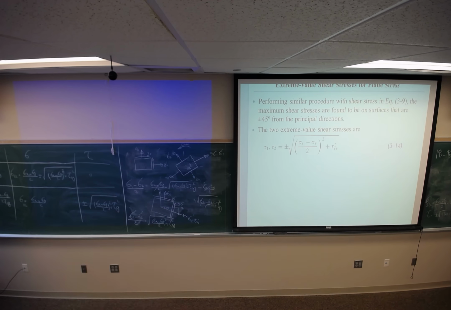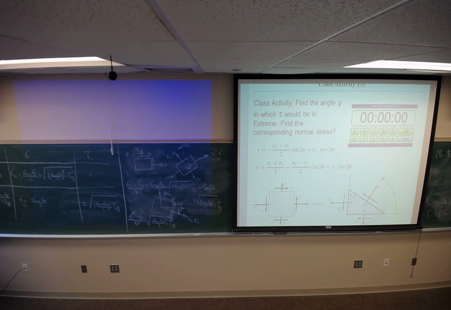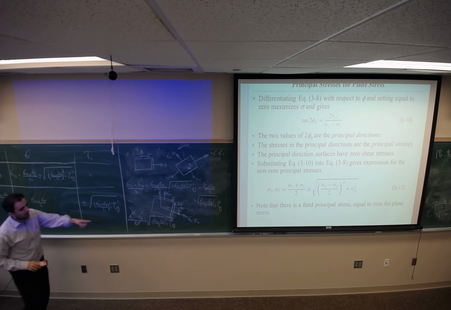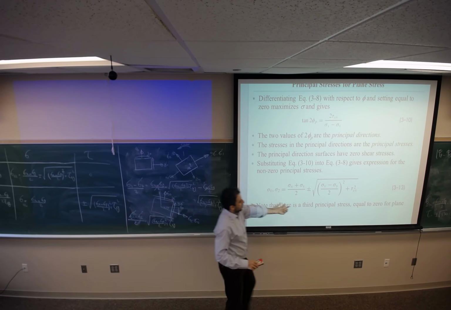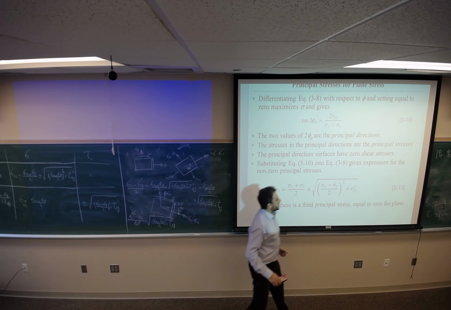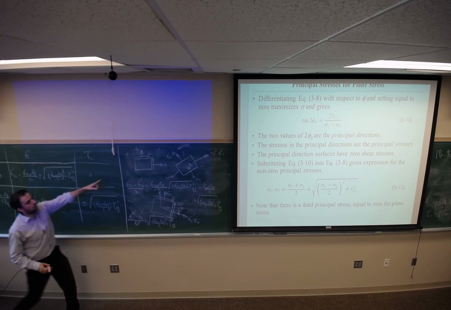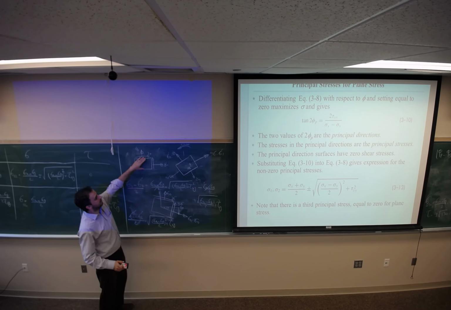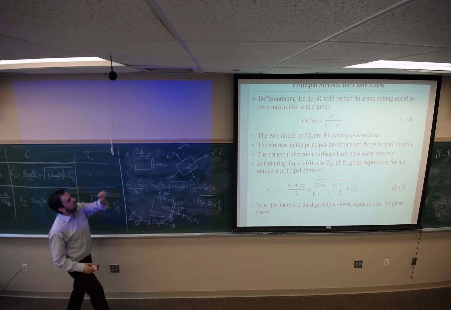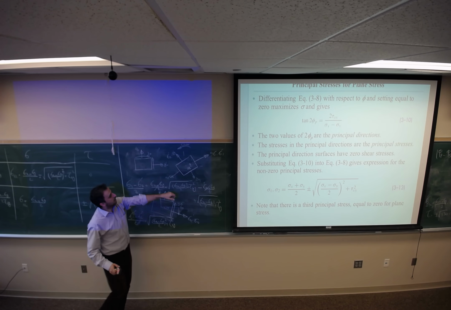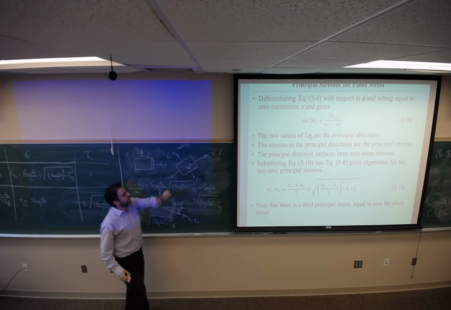But if you remember, for principal stresses, we have a third principal stress term which is going to be equal to 0. We didn't talk about that because we just calculated sigma 1 and sigma 2, but the third one is always 0.